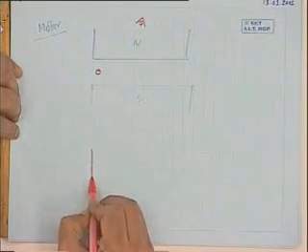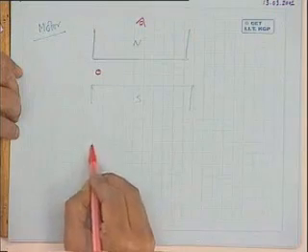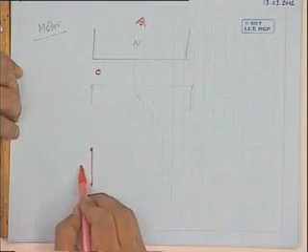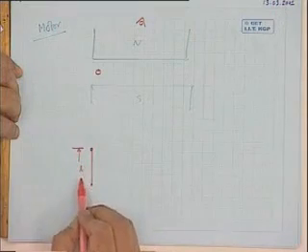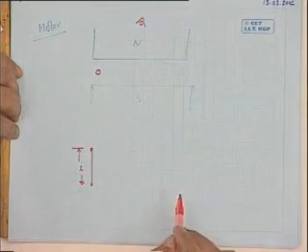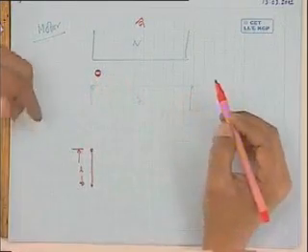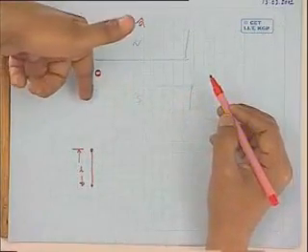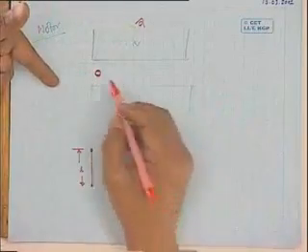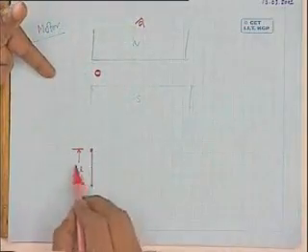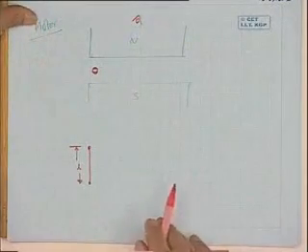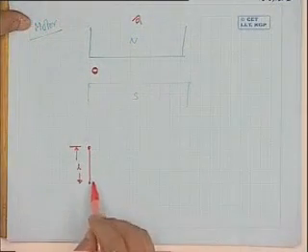If you look from the top, it means this way. This is the conductor of length L, and initially it is stationary. This will be B, in this way. This is length L.